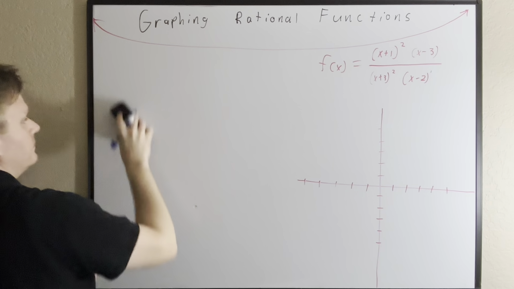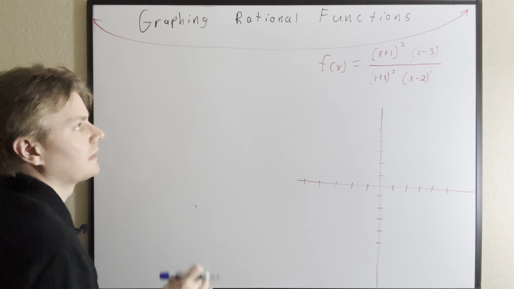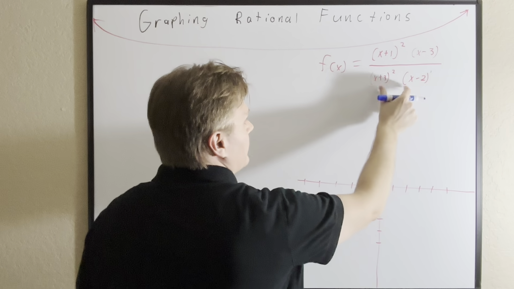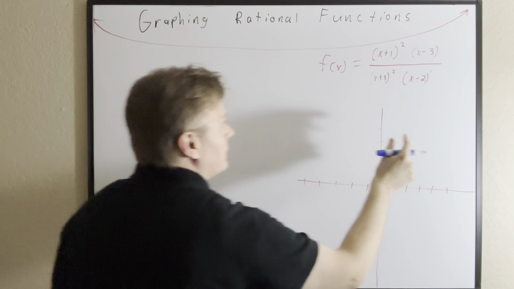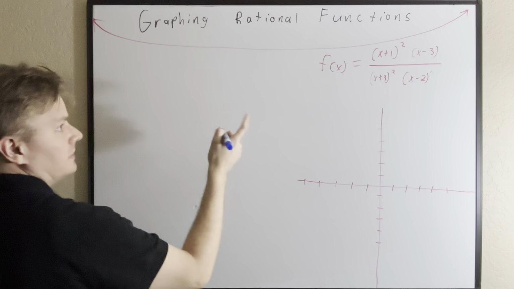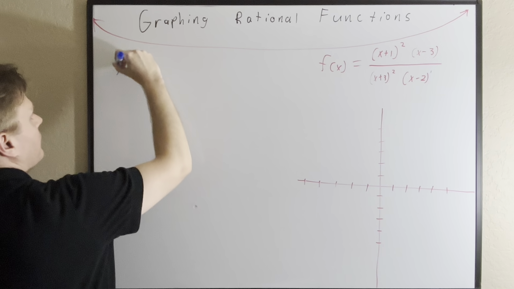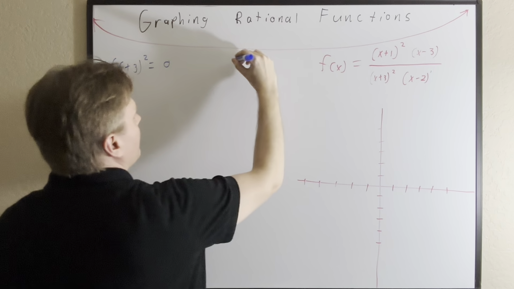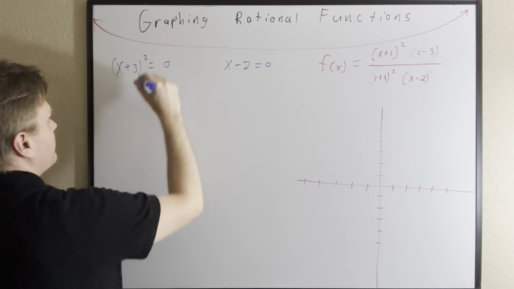All right. So vertical asymptotes, that would be found by taking the terms in the denominator and setting them each equal to 0 and solving for x.